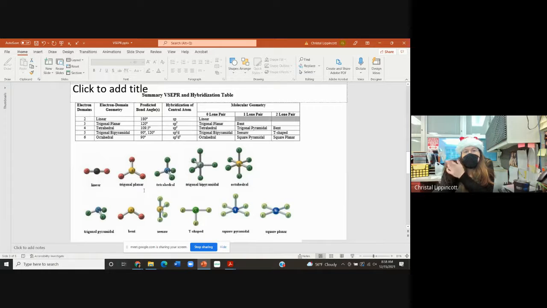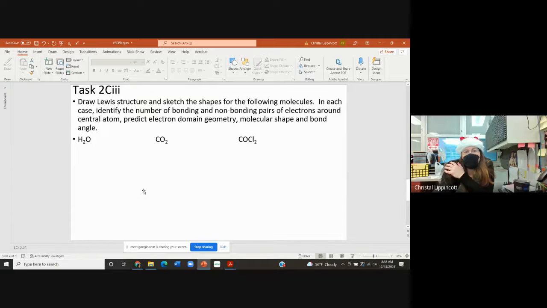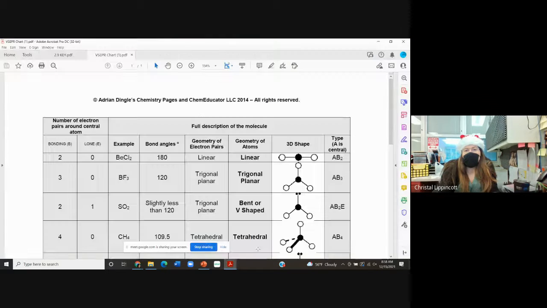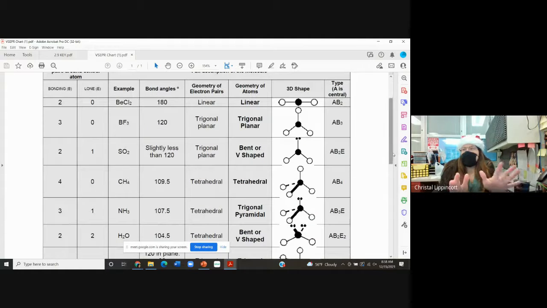Okay. So here's one chart you can go with. I like a different chart better though. And this is the one that was in your original packet. So you should be able to locate this and have that sitting out on your desk next to your notes. So take a second to do that real quick.